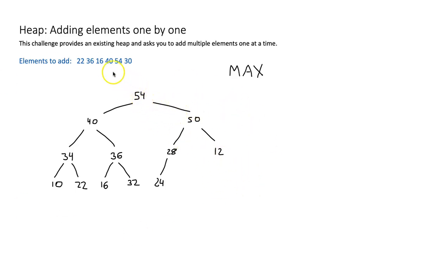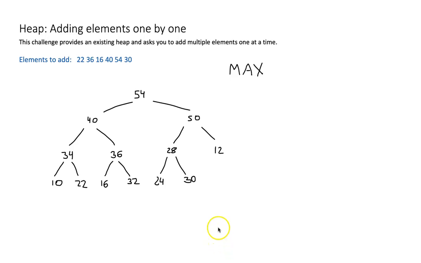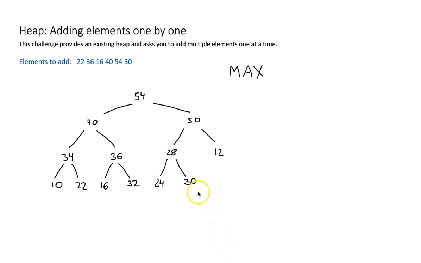So here I'm done entering 54, and I have one last element that needs a position, that is 30. So I'm going to go to my last row, find the last element, going to add 30, and if you haven't paused the video yet, I encourage you to do that. And at this point, I'm going to check whether I need to swim.